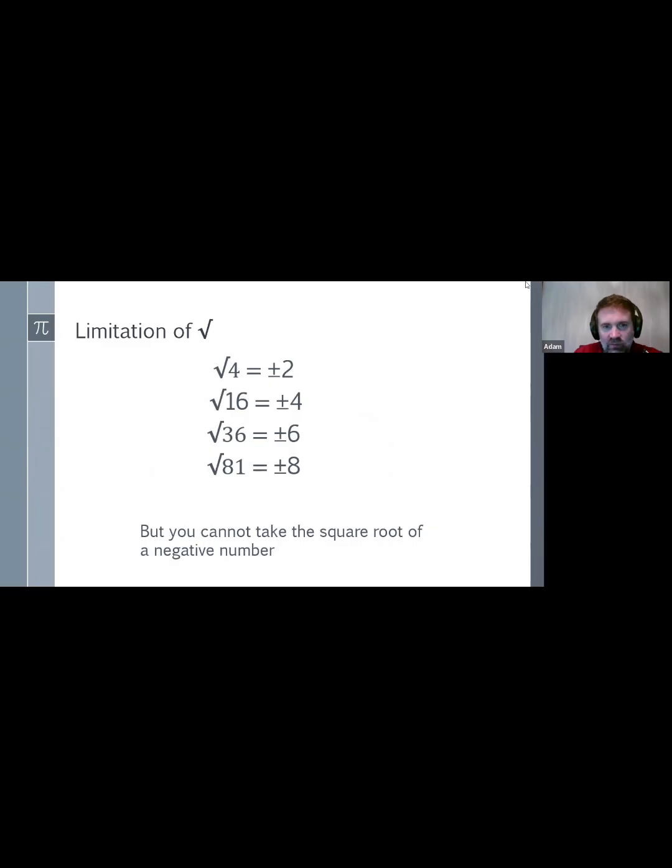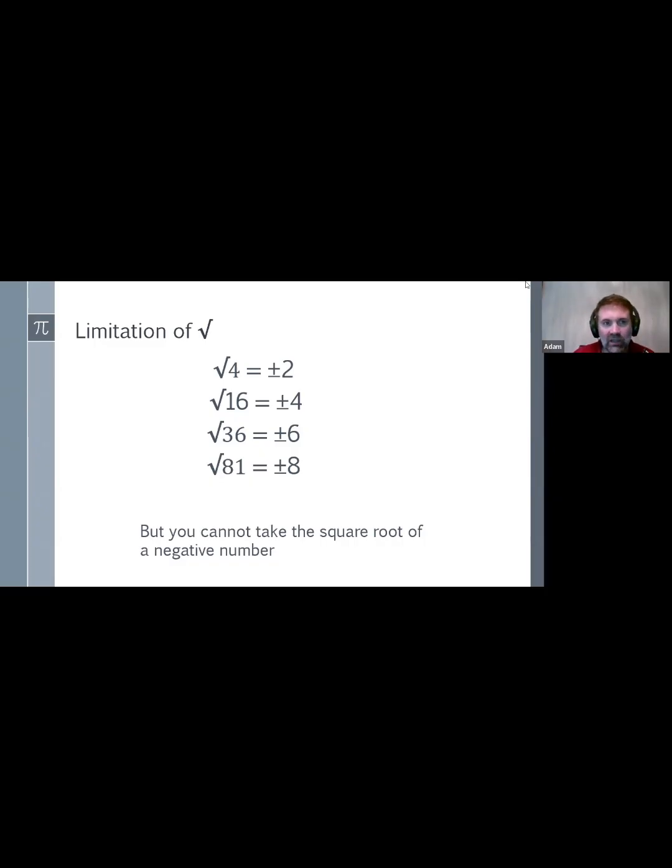So you cannot take the square root of a negative number. In this example right here, as you see, I'm only taking square roots of positive numbers, and they will result in positive or negative numbers. It could be 2 or -2, could be 4 or -4. It works both ways, or for both results. But under the square root, you cannot take a square root of a negative number.